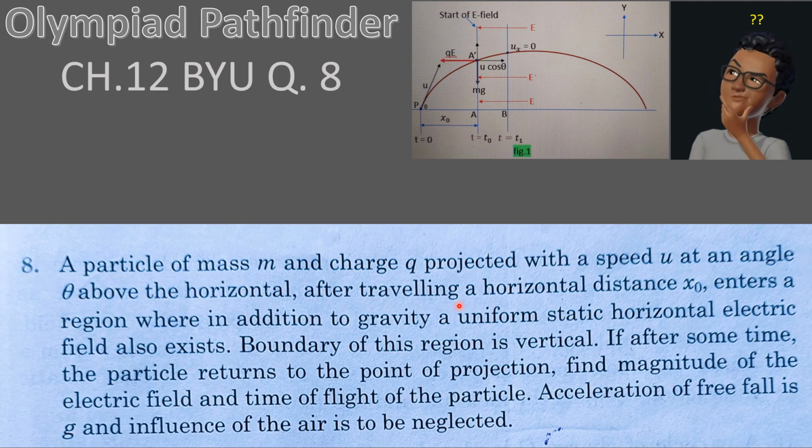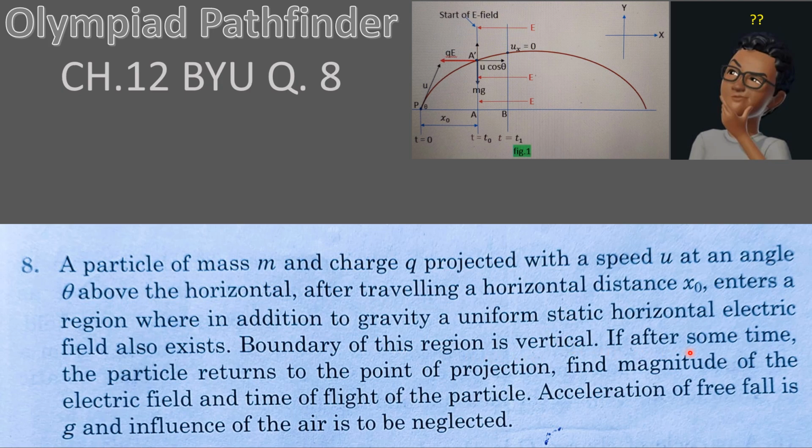After traveling a horizontal distance x0, the particle enters a region where, in addition to gravity, a uniform static horizontal electric field also exists. The boundary of this region is vertical.